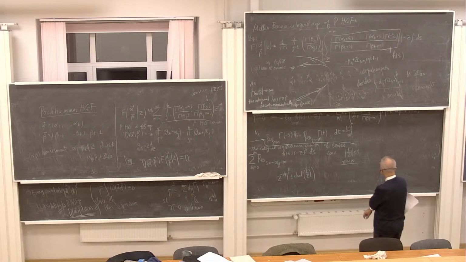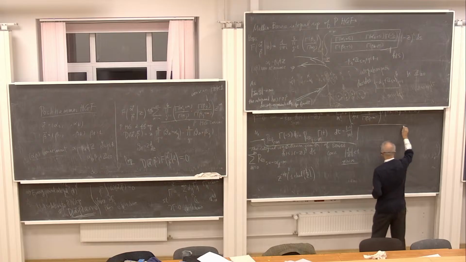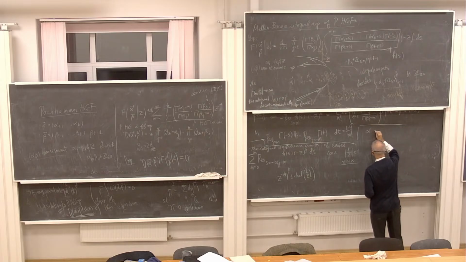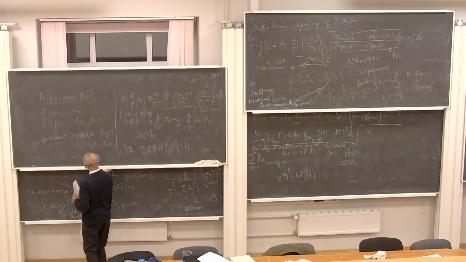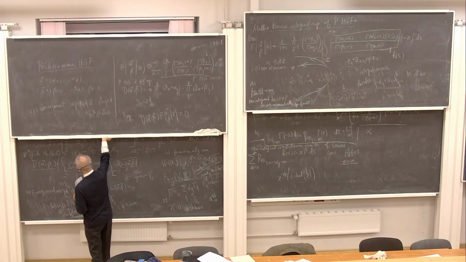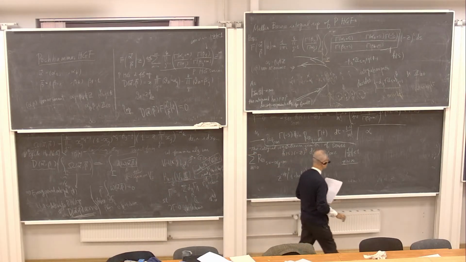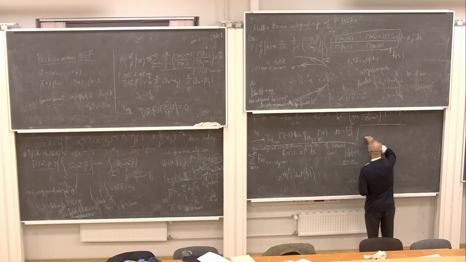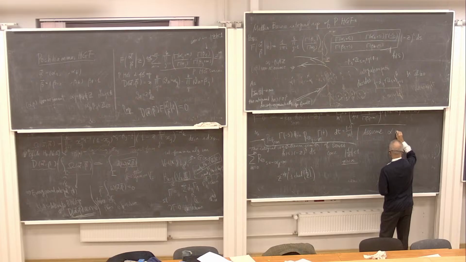So for the moment, I need to impose the condition that alpha is non-resonant. There are different non-resonant conditions; here I assume the alpha non-resonant condition.